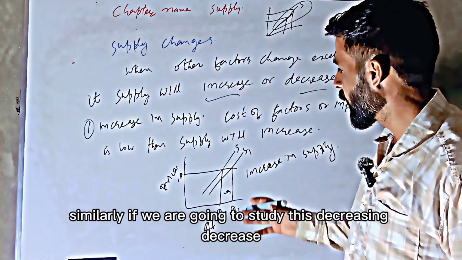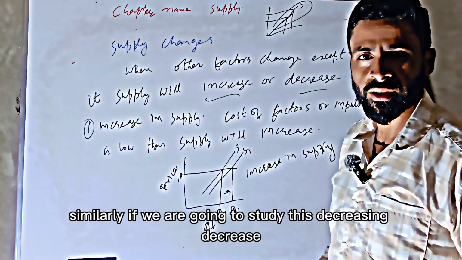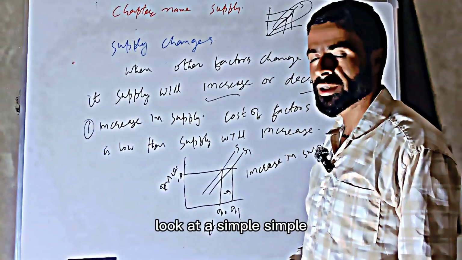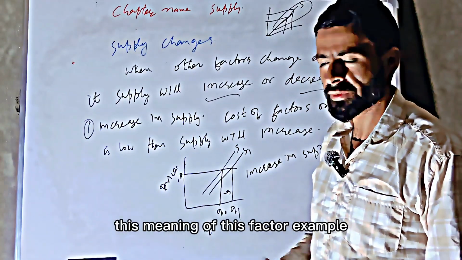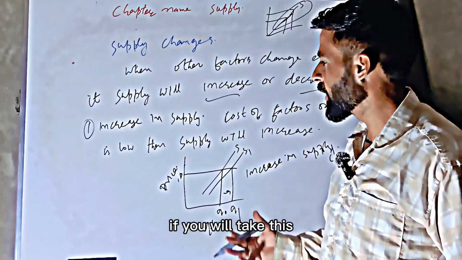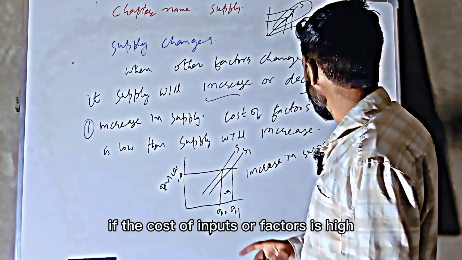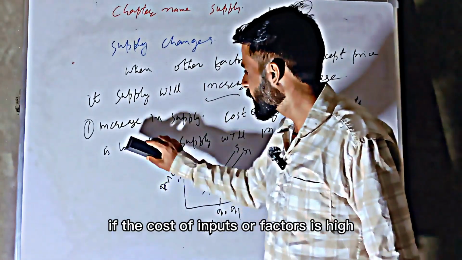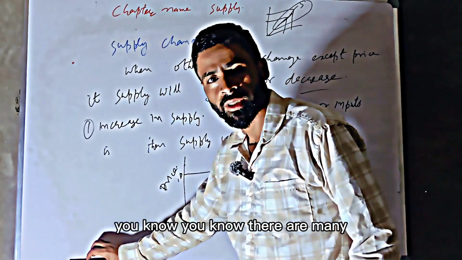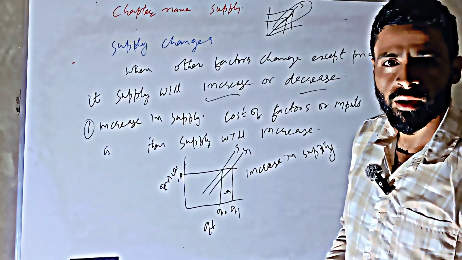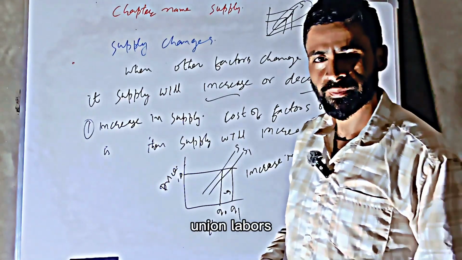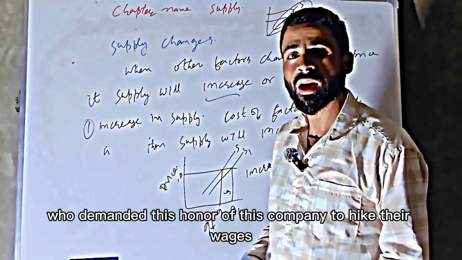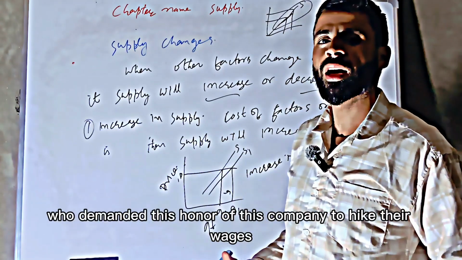Similarly, if we are going to study decrease, how is he going to decrease? Look at the simple meaning of this factor. For example, if the cost of inputs or factors is high, you know there are many union laborers who demanded the owner of this company to hike their wage.